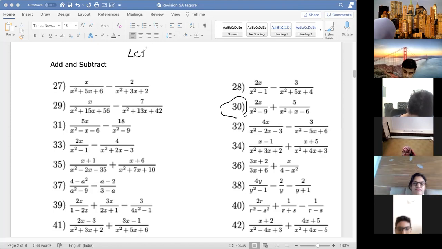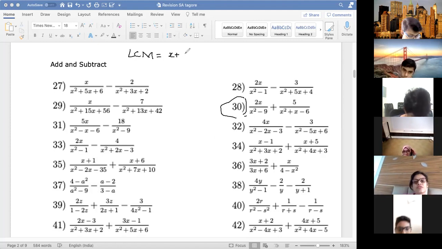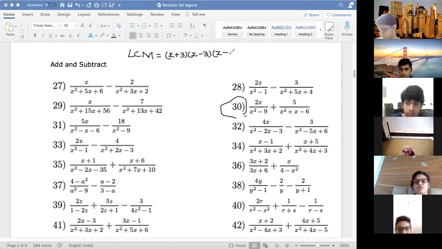LCM is equal to x plus 3 into x plus 3 into x minus 3 into x minus 2. This is your LCM. Yes, somebody has given me the answer.